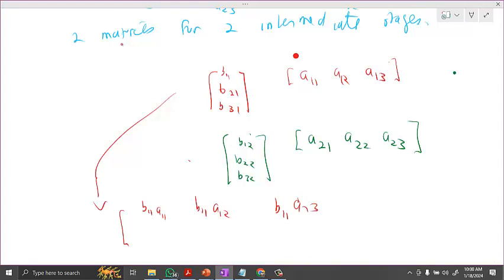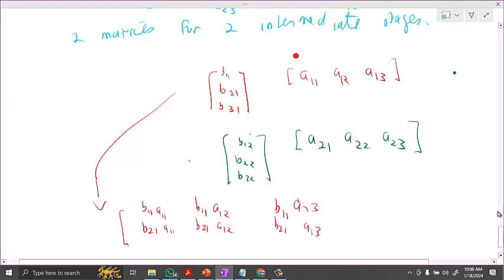The second one is going to be B21A11, B21A12, and then B21A13, and then finally I'm going to have B31A11, B31A12, and B31A13. Okay. So that's the red one.